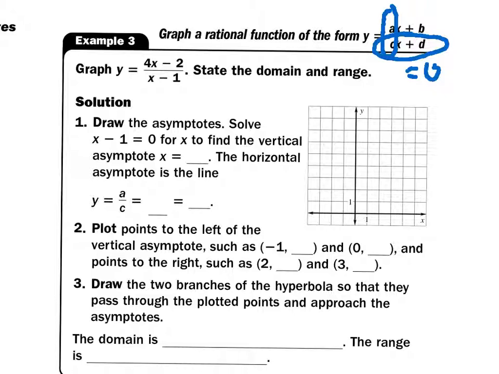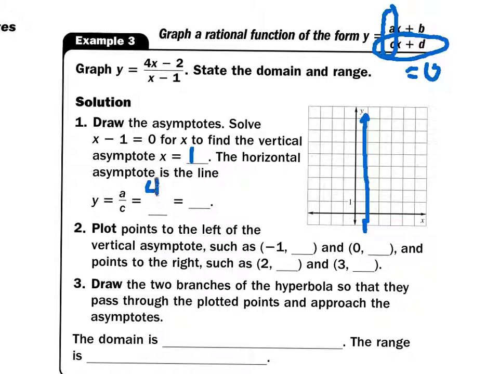So let's look over here. What would be x minus 1 equals 0? So x equals +1. And that is going to be my asymptote for the x line. Now, my horizontal asymptote is a line y equals a over c.